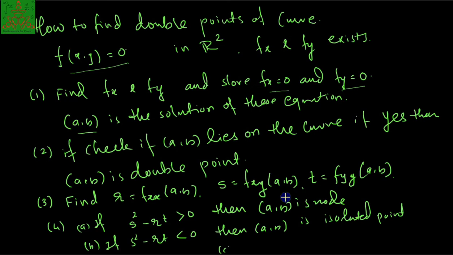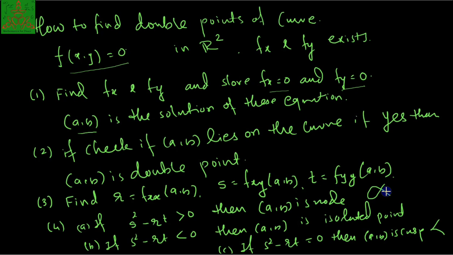And part C, if s squared minus rt is equal to 0, then (a, b) is a cusp. So again, the node means it is of this type of figure, this cusp means it is of this type.